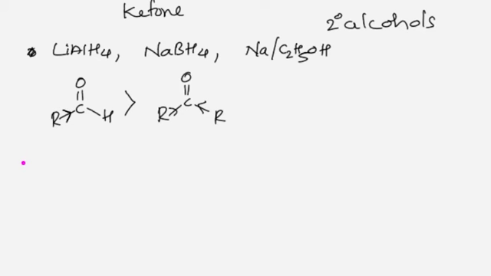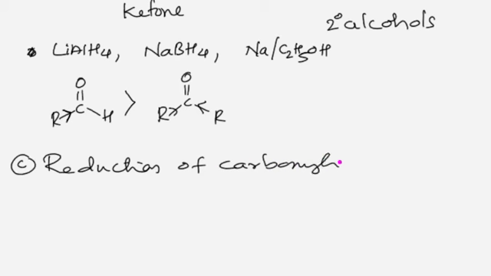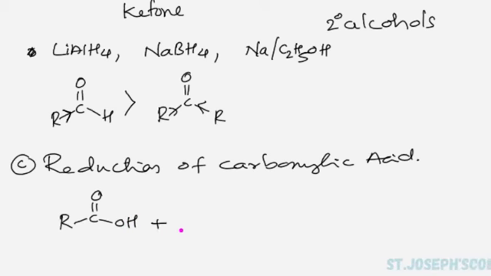Let's go for the next one, C part, that is the reduction of carboxylic acids. You can notice here in the carboxylic acid we have the functional group R, C double bond O, OH. This can be reduced with very strong reducing agents that provide nascent hydrogens.